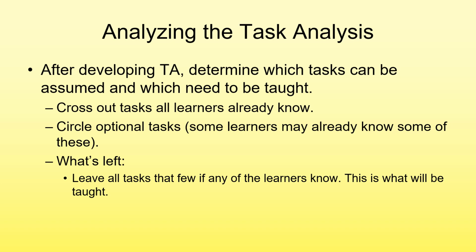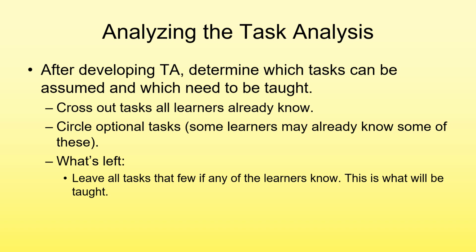After you have clearly identified all the steps that are involved in performing some task, then let's analyze that. We can cross out the tasks that learners already know. We don't have to teach that. Now, maybe some of that material will be important to mention, that you will recall that you do this and you perform that, but we don't have to teach it, so we can cross that out.